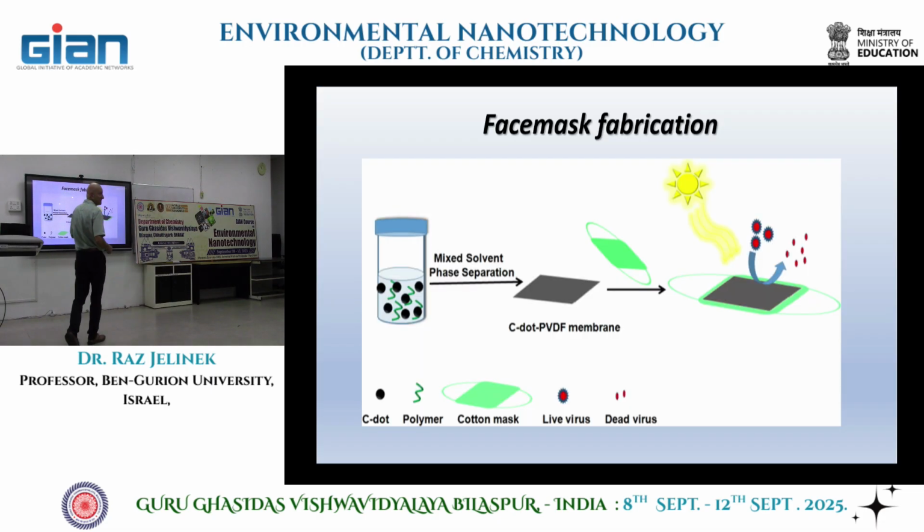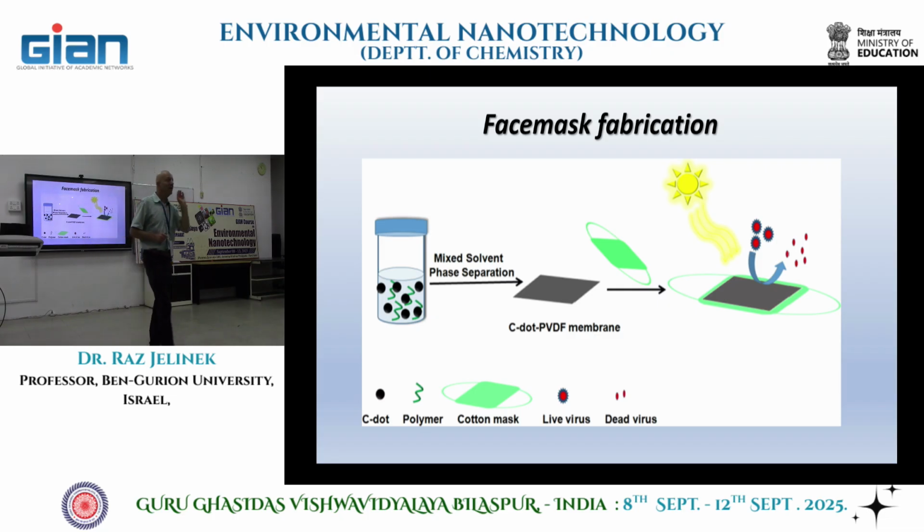So this is the face mask we fabricated. Okay? We took carbon dots and mixed them with a certain polymer that will help them stick together and form a film. And then we add them to a very thin polymer layer. So we have a polymer with carbon dots inside.